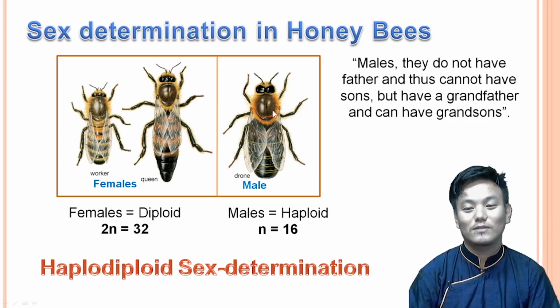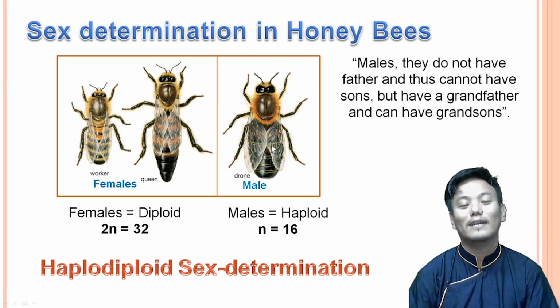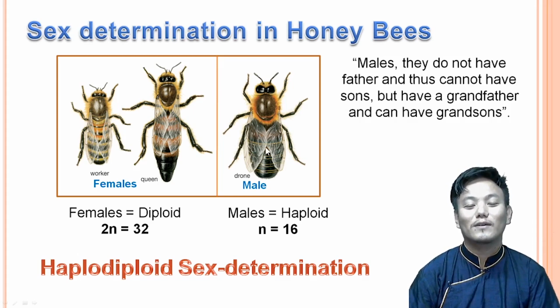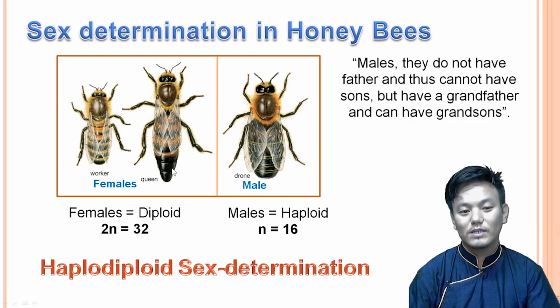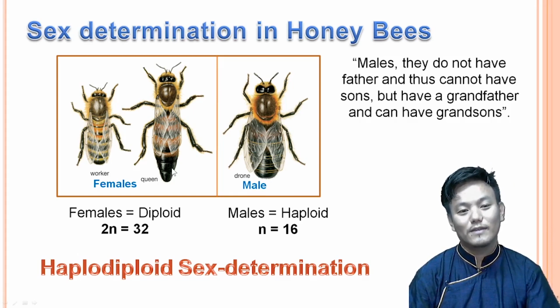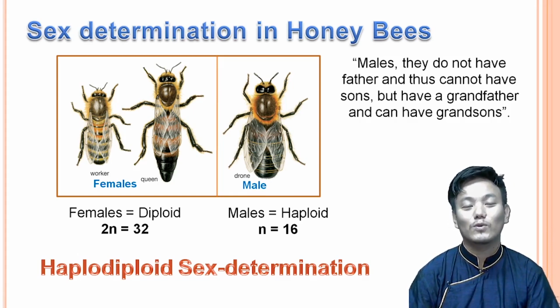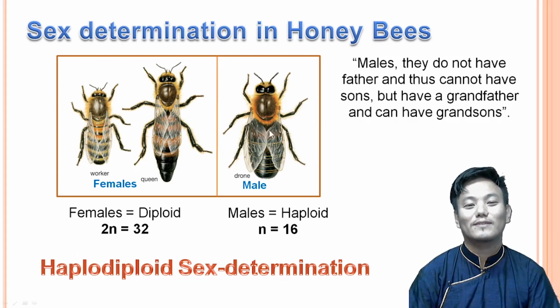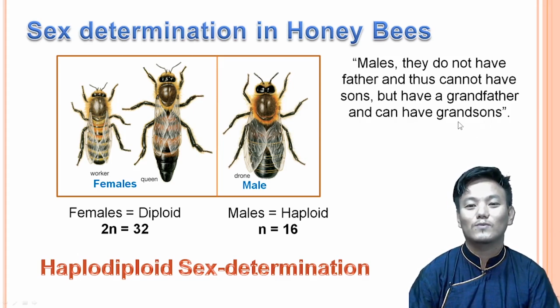And this same male individual can also have grandsons, because if his sperm fertilizes the queen's egg, and the resulting female becomes a queen, and she produces male drones through parthenogenesis, all those males will be his grandsons. So this is the beauty of words. I just like sharing this one with my students, so I'm sharing with you. So males do not have a father and thus cannot have sons, but have a grandfather and can have grandsons.